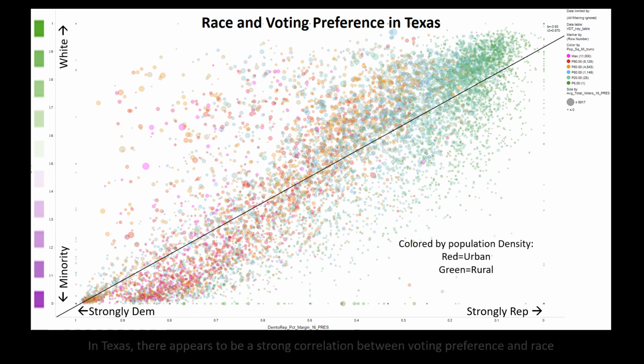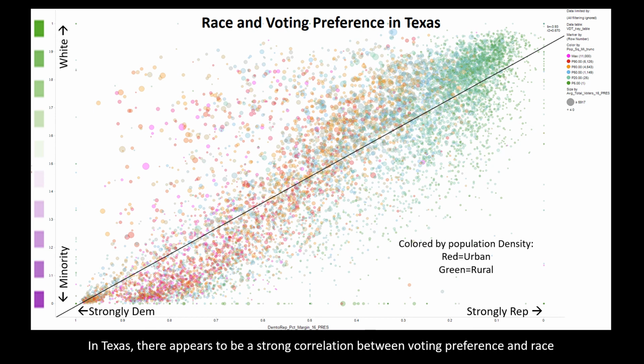And finally, the color shows the population density of the precinct. Green are rural areas, yellows and oranges are suburban areas, and reds are urban areas. This correlation is obvious. Most of the rural white voters preferred the Republican, green in the upper right, and the urban minority voters prefer the Democrat, red in the lower left.